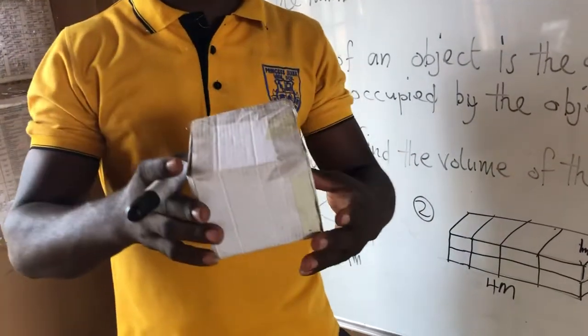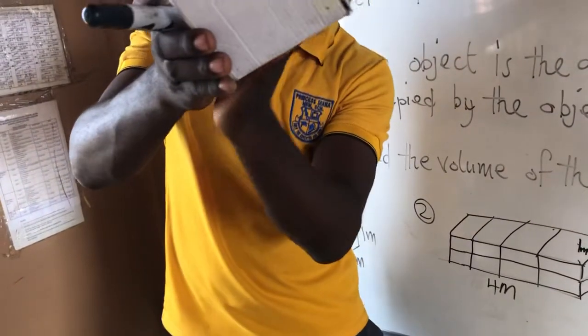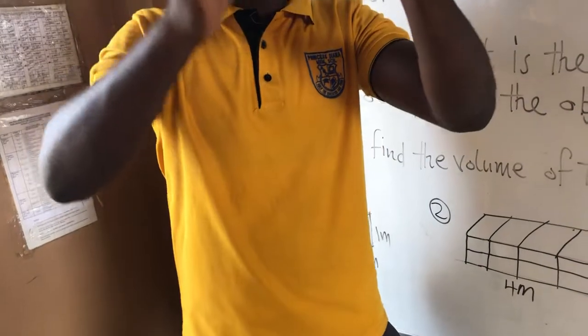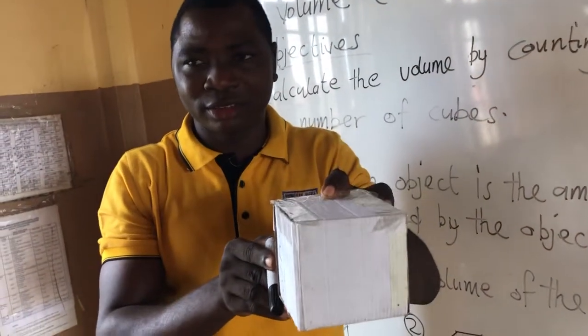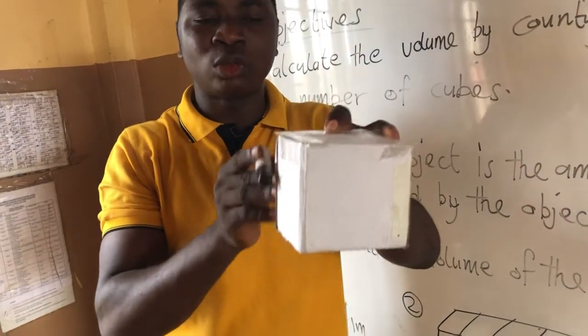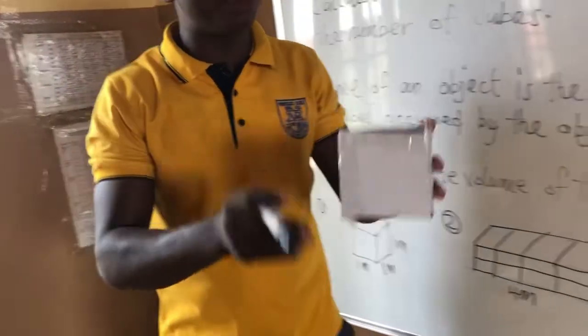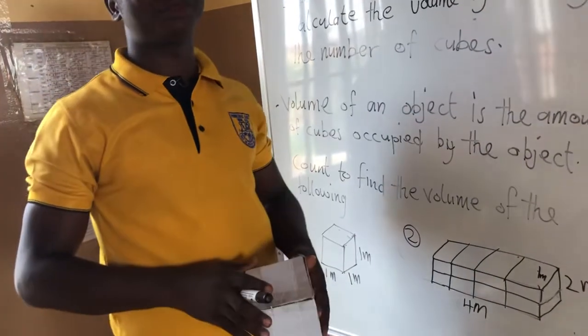When we say height of an object, since here is the base and this is the top, from the base to the top is the height. So we are going to count the number of cubes that will cover a surface.